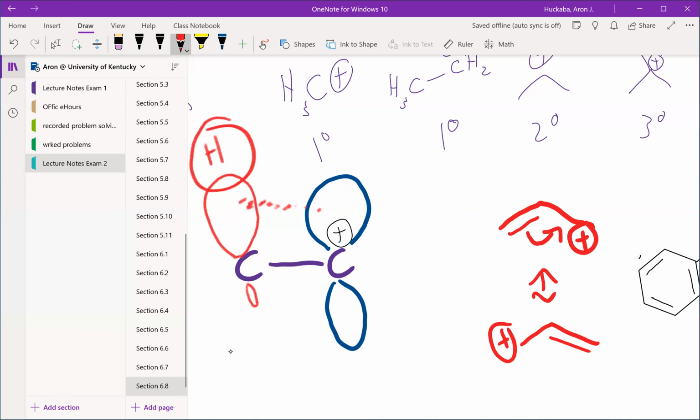But there is some, and it's enough overlap that that little bit of electron density can help stabilize the positive charge. Because even though a full positive charge is very destabilizing for a molecule, it's much less destabilizing if you can have some kind of addition of electron density there. So here, one carbon makes it pretty stable, or at least more stable than without.